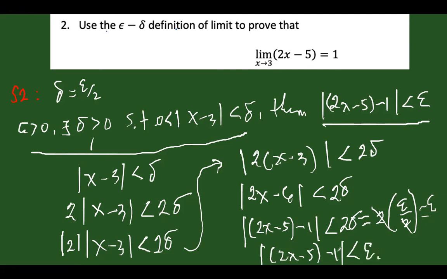So we have already proven that there exists an epsilon when delta is equal to epsilon over 2, such that epsilon is greater than the absolute value of 2x minus 5 minus 1. Using the epsilon-delta definition of limit, we have proven that the limit of 2x minus 5 as x approaches 3 is equal to 1.